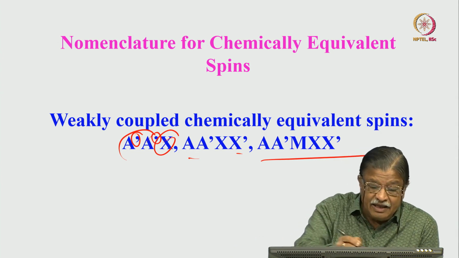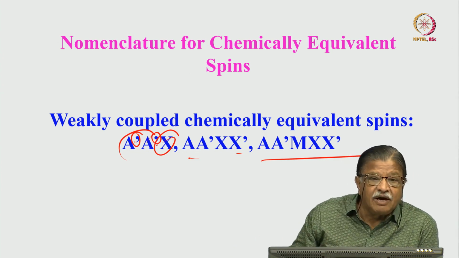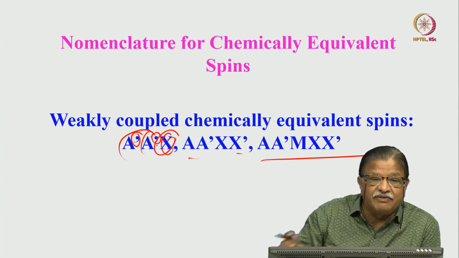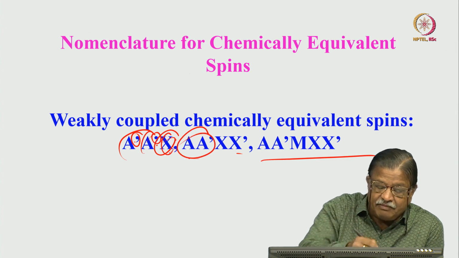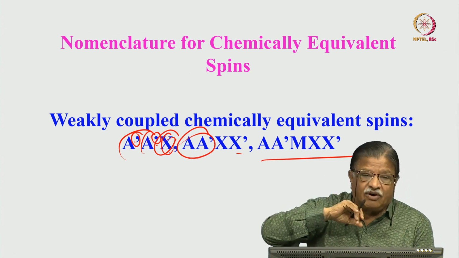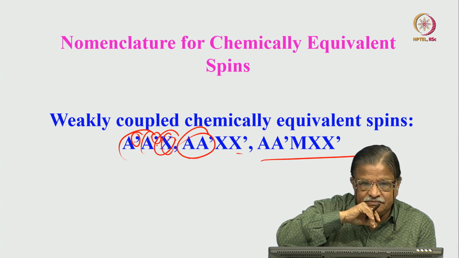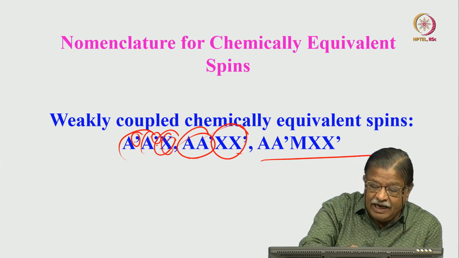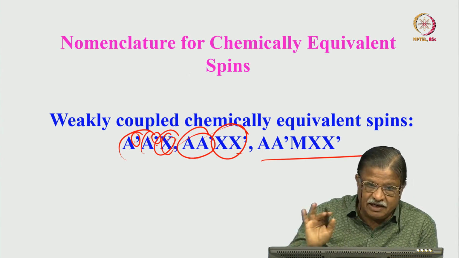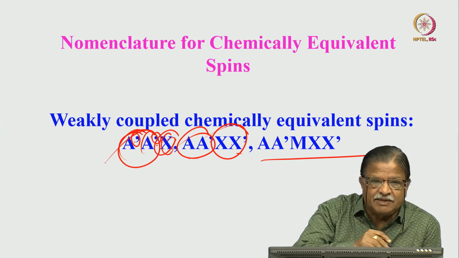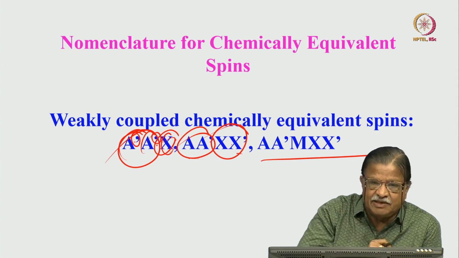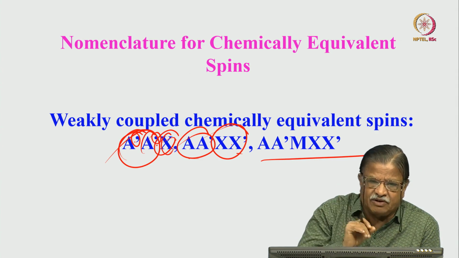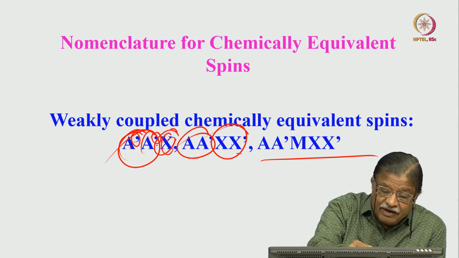Remember, A prime X: the A prime spins are strongly coupled among themselves, chemically equivalent spins, and the X prime spins are chemically equivalent, and A and X are weakly coupled. Understand the logic. A prime X means A and A prime are chemically equivalent spins. Between them they are strongly coupled, but each of them is weakly coupled to the X spin.